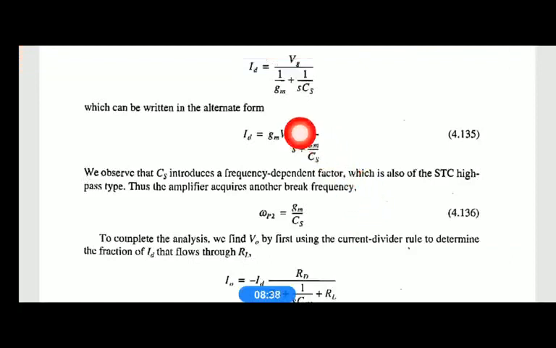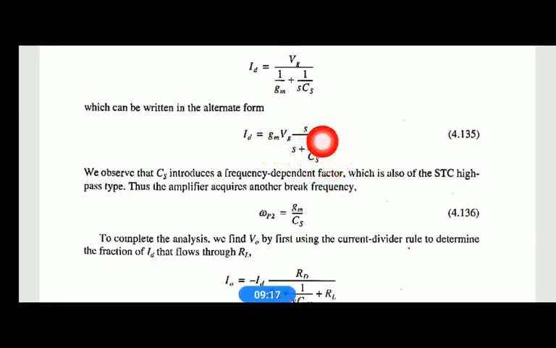Now look at this once again: this is exactly similar to the high pass transfer function equation for an STC circuit, where the transfer function is ID by Vg, output ID, input Vg, with Gm as the K into s divided by s plus Gm by Cs.